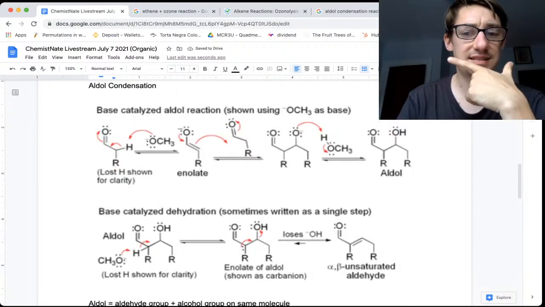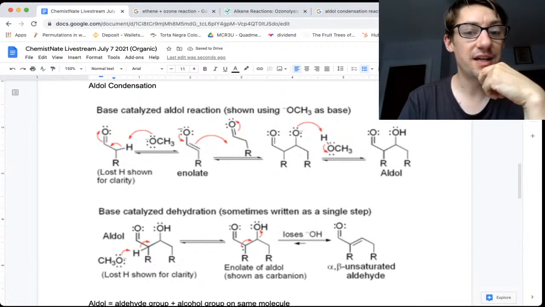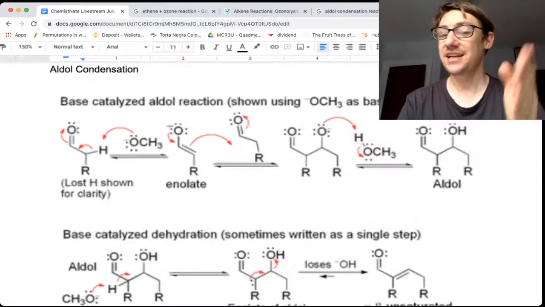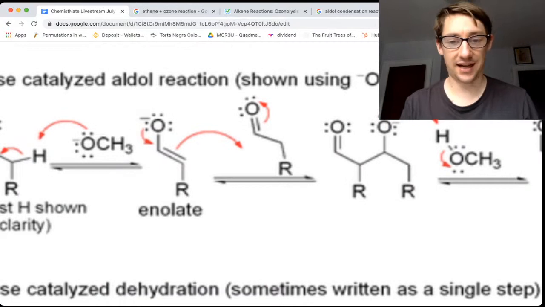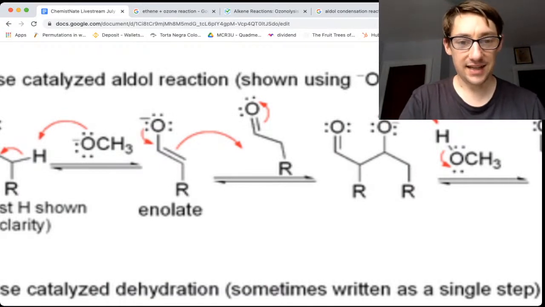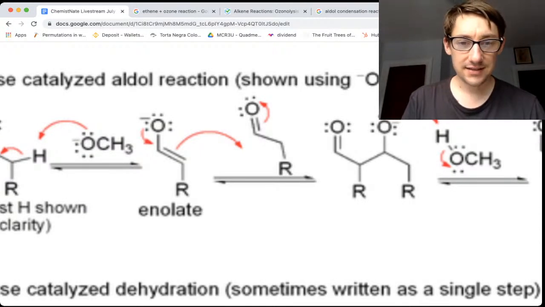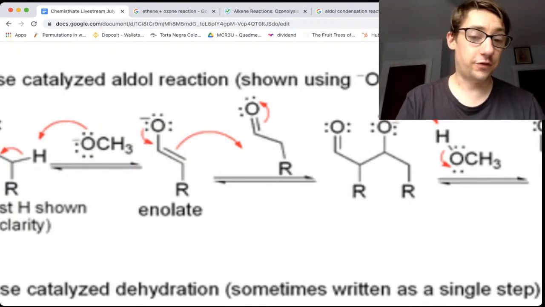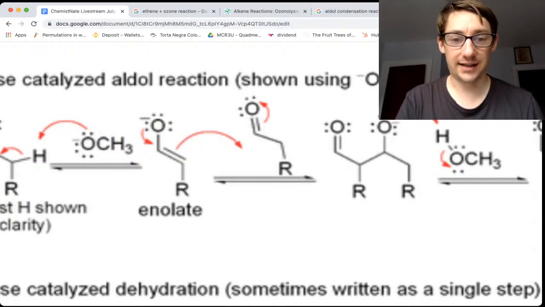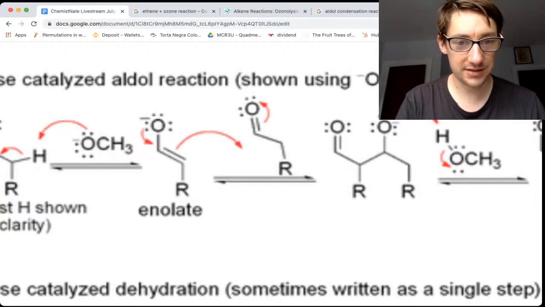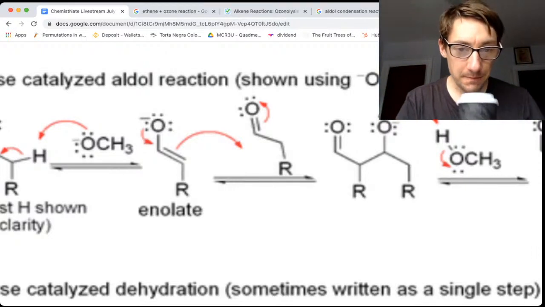So, how does that attack happen? Oh, it's the same thing that we saw in the ozonolysis reaction. You've got negative charge density here because it's a double bond. It's not like a formal charge of minus, but there's 4 electrons in this space here, right? And the way pi orbitals are shaped, they're popping out at you.